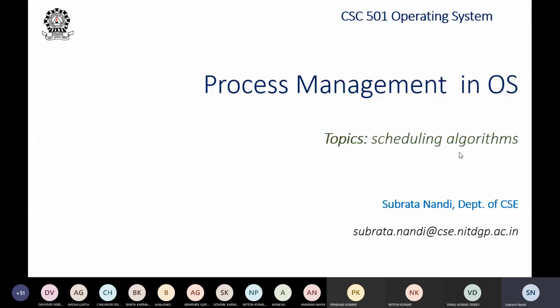The medium term scheduling occurs when a process needs to be swapped out from the primary memory to the secondary memory and vice versa. Because it is related to memory management, this issue is dealt with in more detail in memory management.